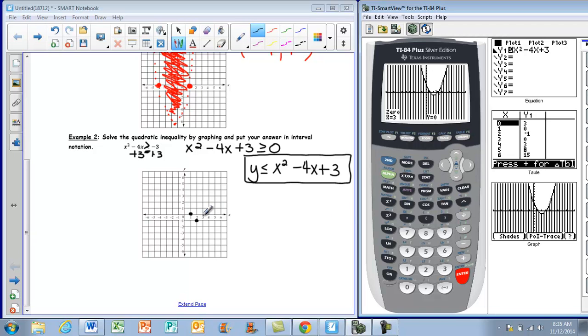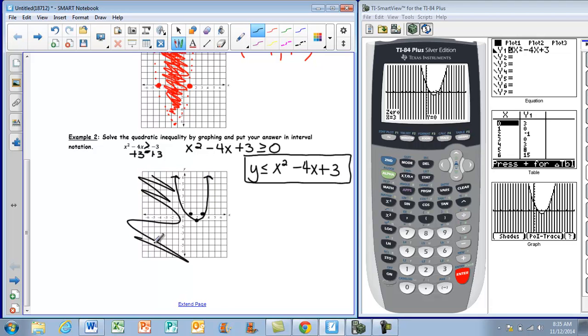Then my next one is going to be at 3, 0. Now I have the greater than or equal to, so this is going to be a solid line, and all of our shading happens around the outside. Again, it should look similar to this.